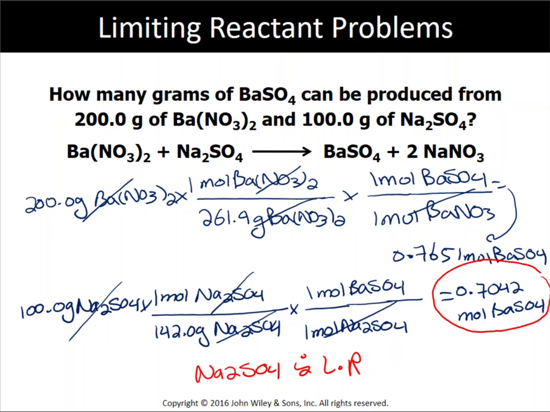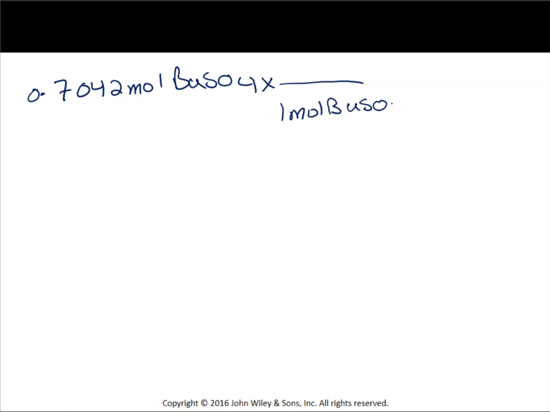Now the question is asking for the mass of barium sulfate, so we're gonna do one extra step to convert from moles of barium sulfate to mass of barium sulfate. So we expect to get 0.7042 moles of barium sulfate. And to find the mass, you just have to use the molar mass of barium sulfate, which is 233.4 grams of barium sulfate.